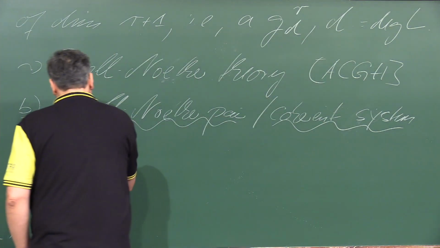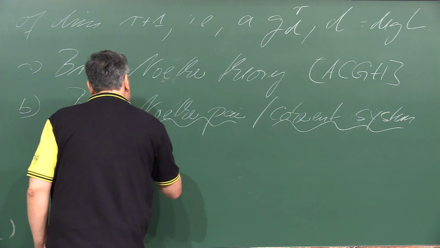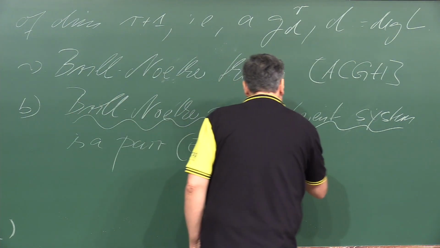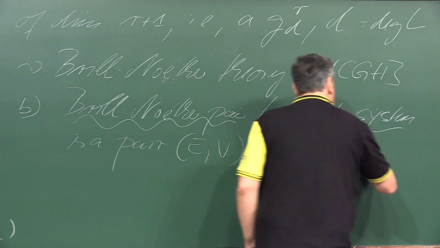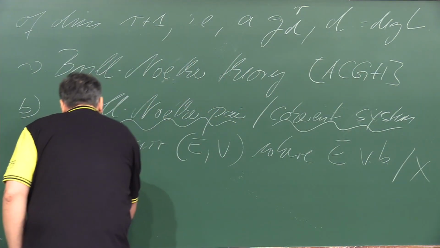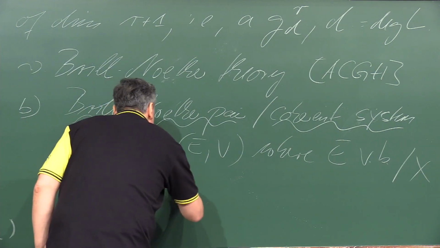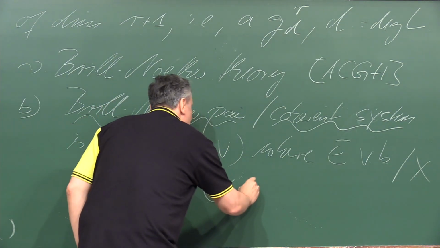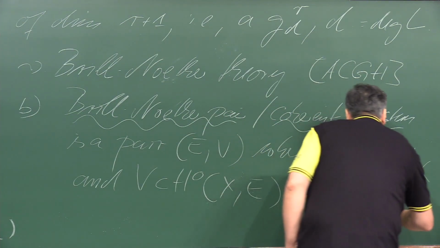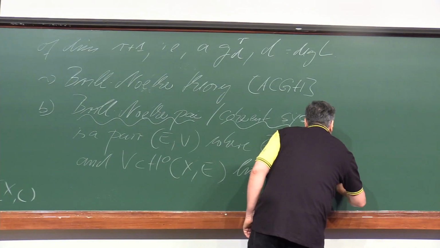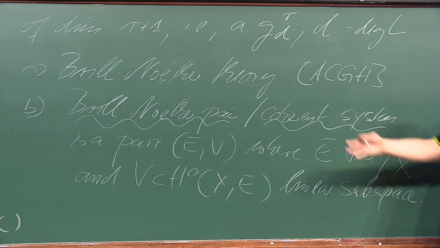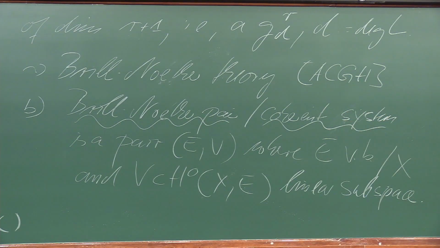It is a pair (E, V), where E is a vector bundle on X. Now it is allowed to have any rank, and V is just a linear subspace of the global sections. Right. So it's a natural generalization of what we find in the classical theory.